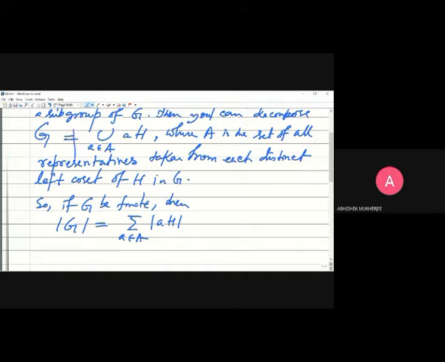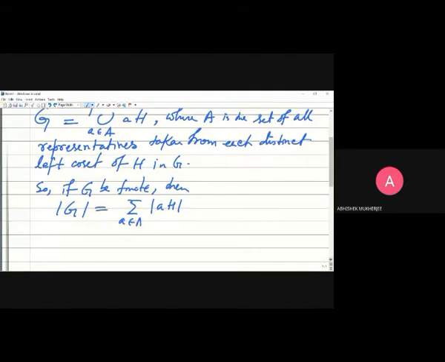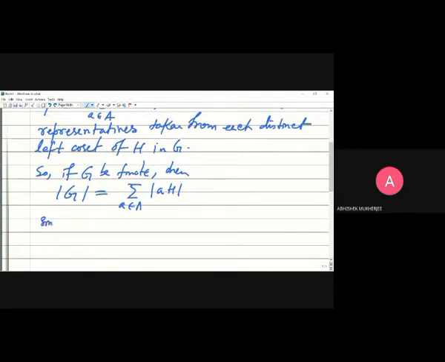That means now since G is finite, so there are finitely many left cosets of H in G, right?